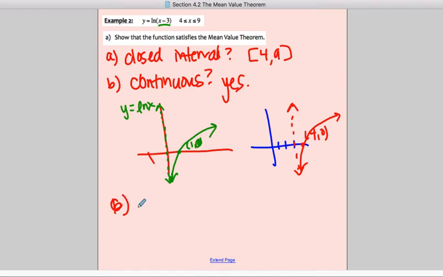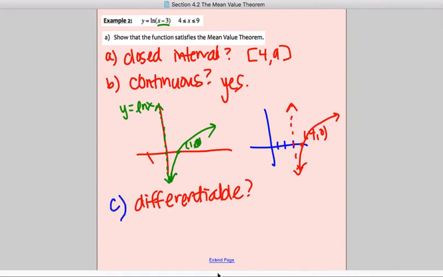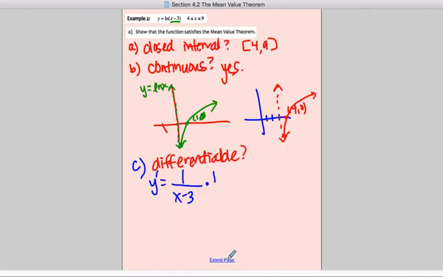Part C. So, differentiable on the interval. That's our question. So what we're going to do is take the derivative. Our derivative is a chain rule. The outside is ln. The derivative of ln is 1 over x, so it's 1 over x minus 3 times the derivative of the inside, which is just 1. So that's our derivative, okay?